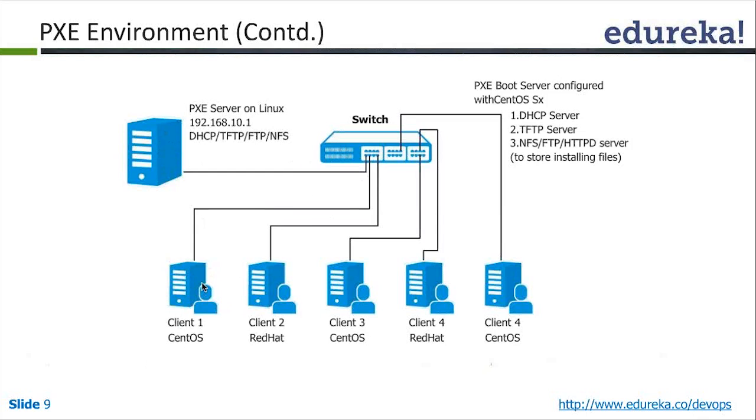It first downloads it. Then once it gets an IP from DHCP and gets the pre-boot environment, it will go in search of where your actual kernel is, which is residing in your HTTP server.